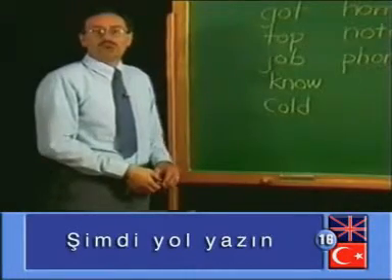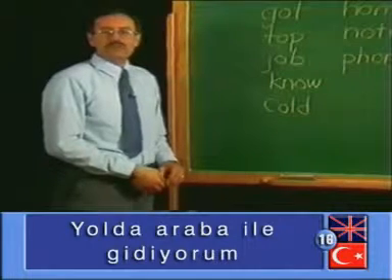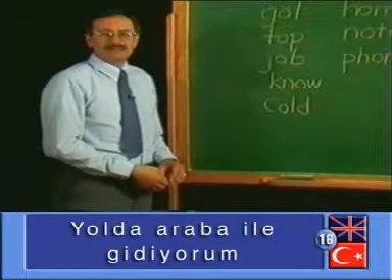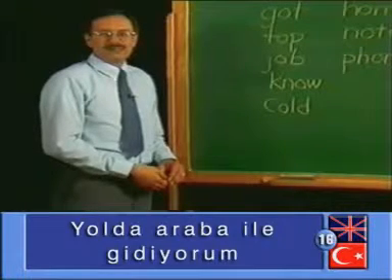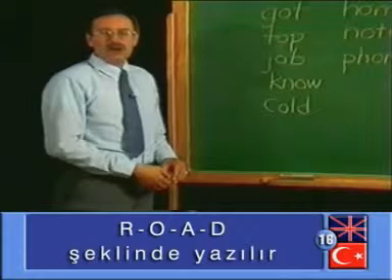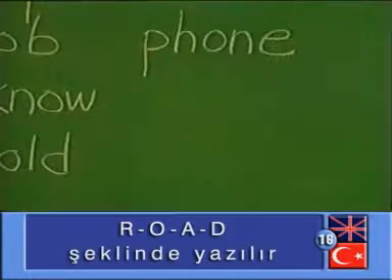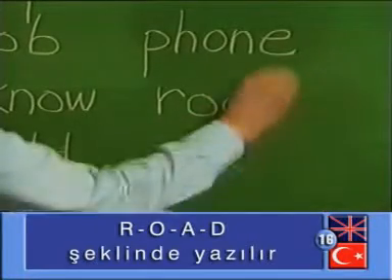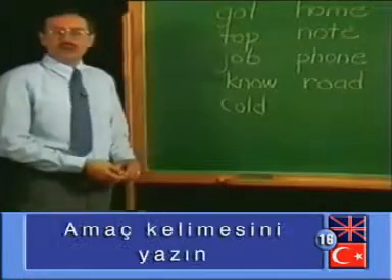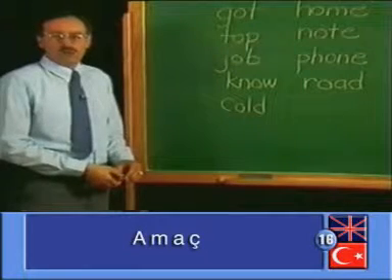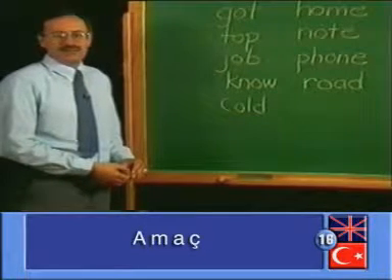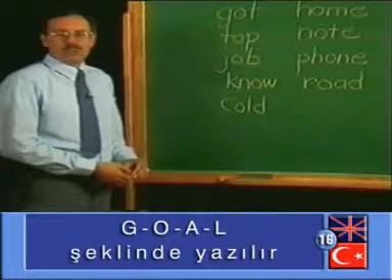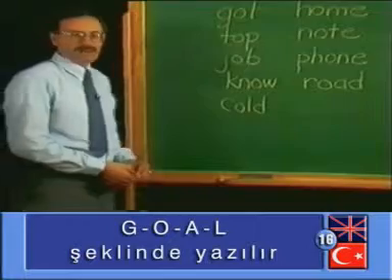Now write road. I was driving down the road. You spell road R-O-A-D. All right, last word. Write the word goal. Goal. You spell goal G-O-A-L.